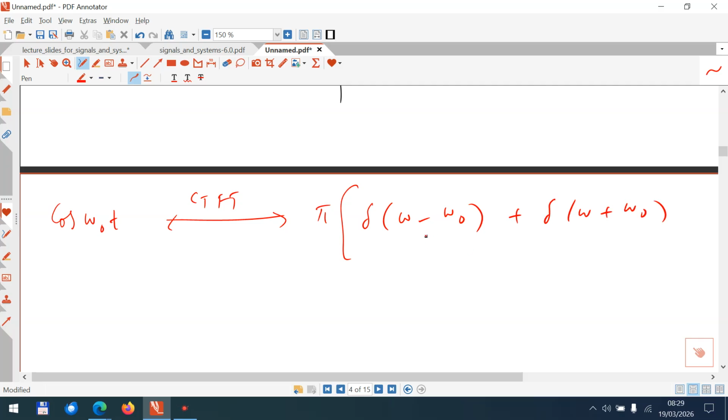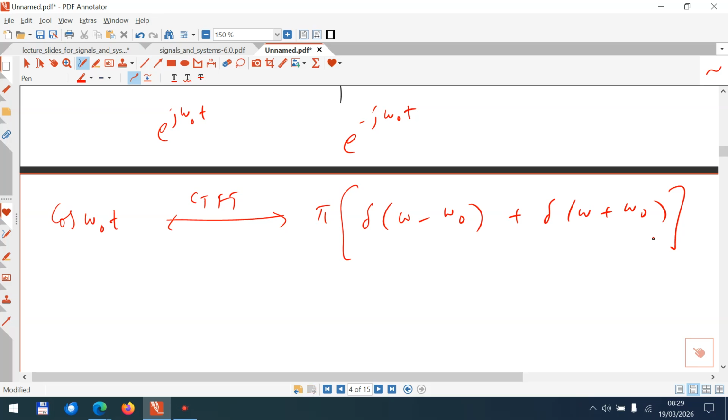This pi actually should have been 2 pi, but because of the division by 2, we have 1 pi. Remember, this shift is because of the modulation by this complex exponential, and this shift is because of the other one. So one will introduce a shift to the right and one a shift to the left. Is this clear so far?